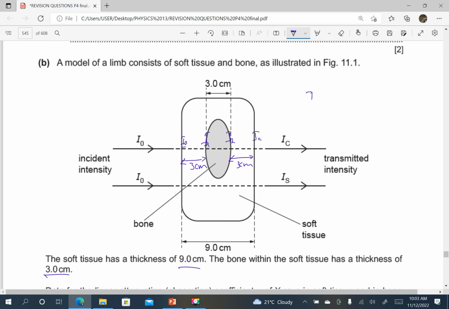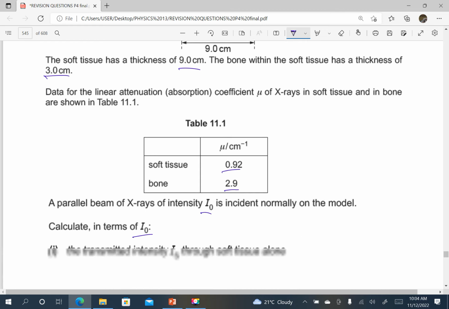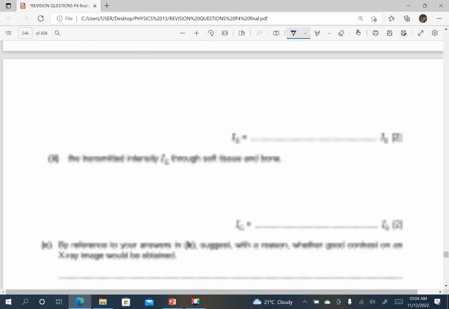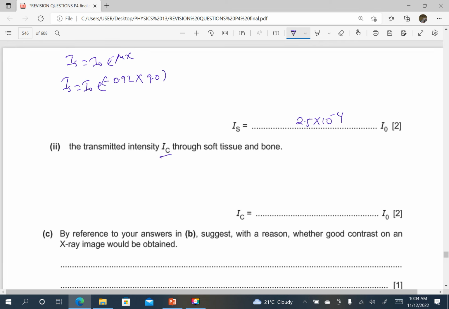So we shall find I1 in terms of I naught. We shall find I2 in terms of I1. And we shall find IC over I2. So we now have to do back substitution and we find the intensity IC through soft tissue and bone.